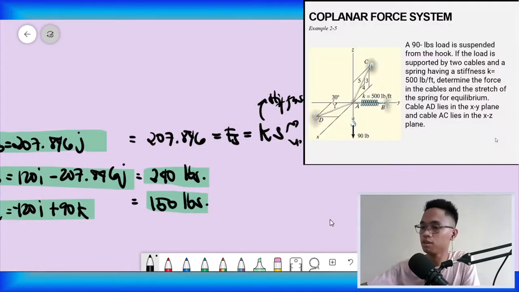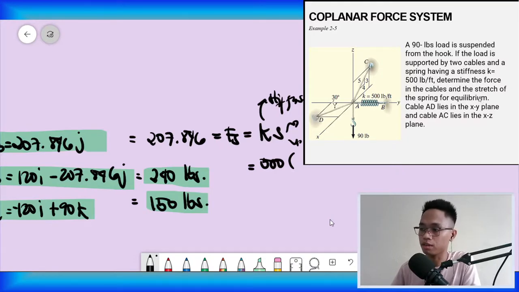Now based on the given above, your K is equal to 500 pounds per foot. The question is, what is the stretch in the spring?